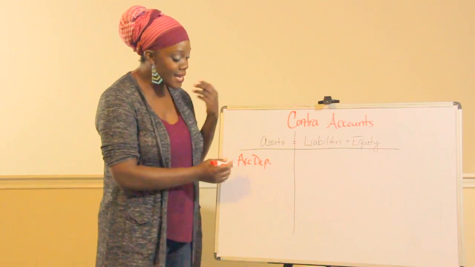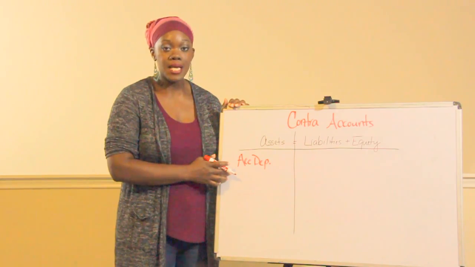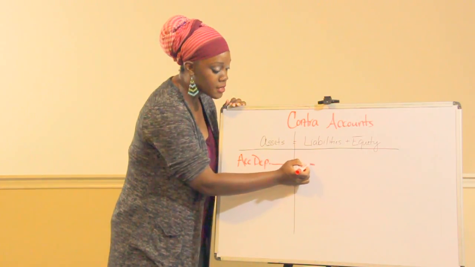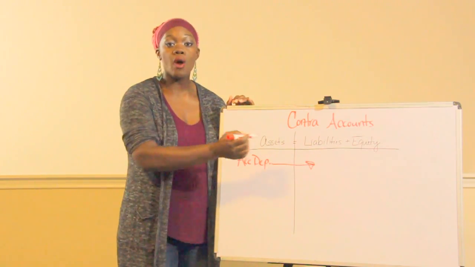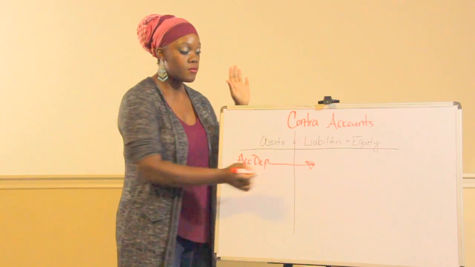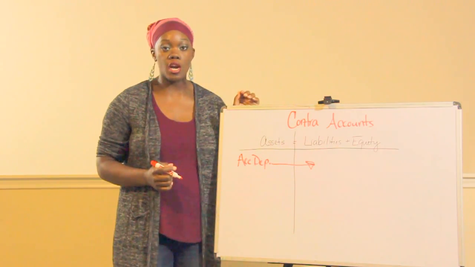All right, because it is a contra asset account, that means that it is not a liability, but it acts as if it's on the right side. If you remember from our debits versus credits video, right side equals the credit side and left side is going to be our debit side.